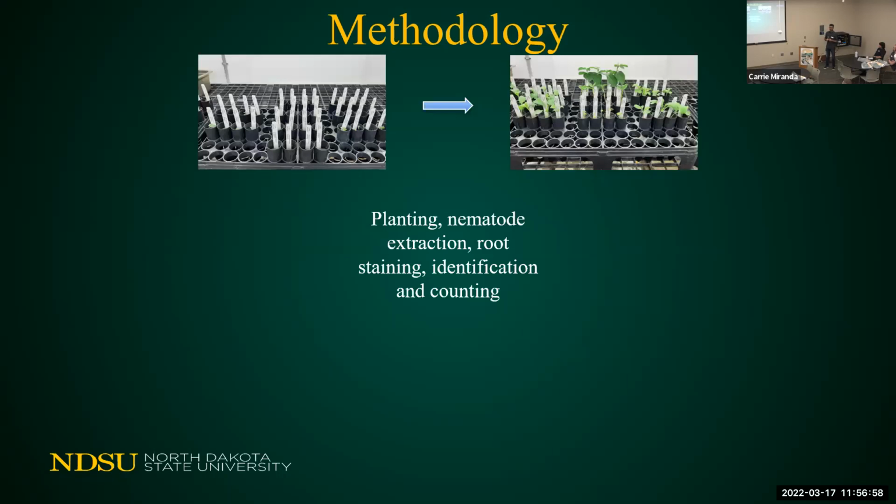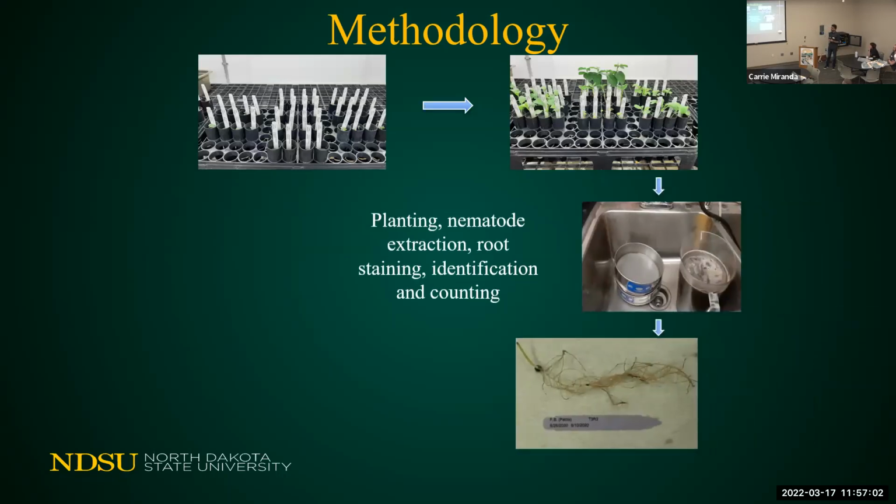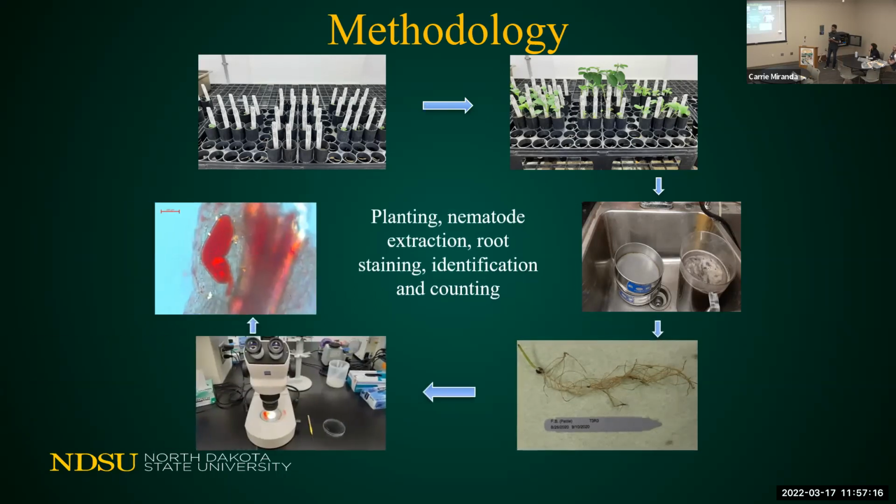For that, we planted cover crops in small cone containers with infested soil and allowed them to grow for 15 and 30 days. Then we extracted the nematodes from the soil using the sugar flotation centrifugal method, and separated the roots to stain them for the presence of nematodes. We then observed them under the microscope to quantify the nematodes in the soil and root.